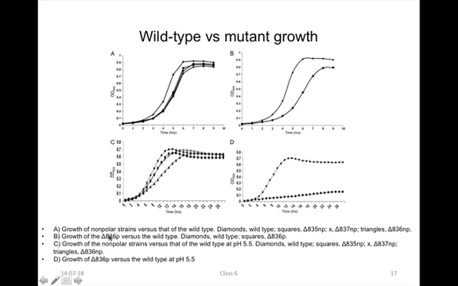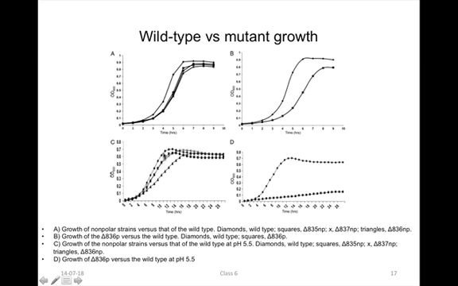Letter B shows the growth of the wild type versus 836. So 836 looks like it's deficient. Letter C, there's the nonpolar strain versus that of wild type at pH 5.5. So the diamonds show the wild type.